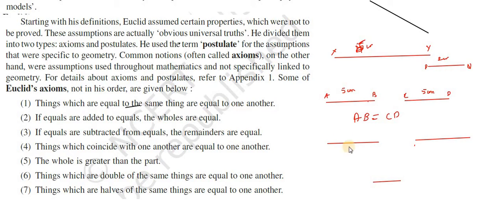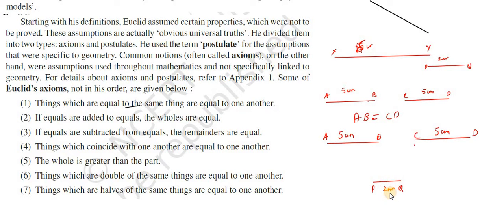So this is AB, this is CD, and this is PQ. AB is 5 centimeters, CD is also 5 centimeters, and PQ is 2 centimeters.